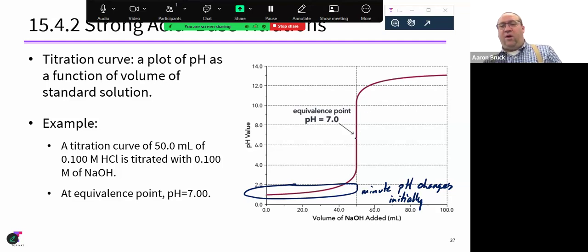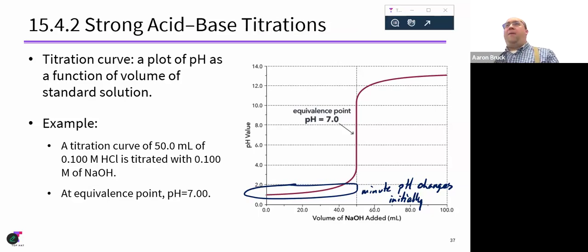And in this area where we have the pH rapidly changing in a strong kind of curve, what we're going to see is that that region is very fast and very large. So I'm going to see a rapid change in pH without a rapid change in volume added.